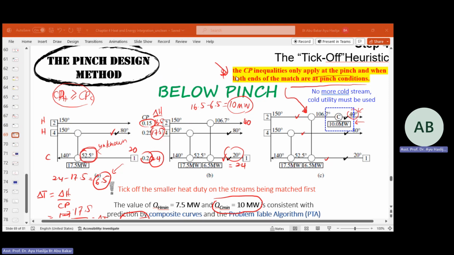Okay, that's for chapter 4 last time. Now I proceed to chapter 5.